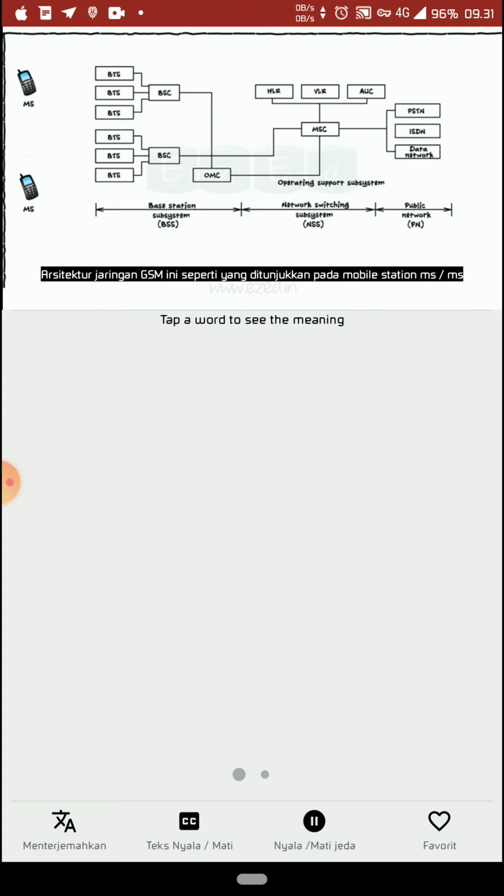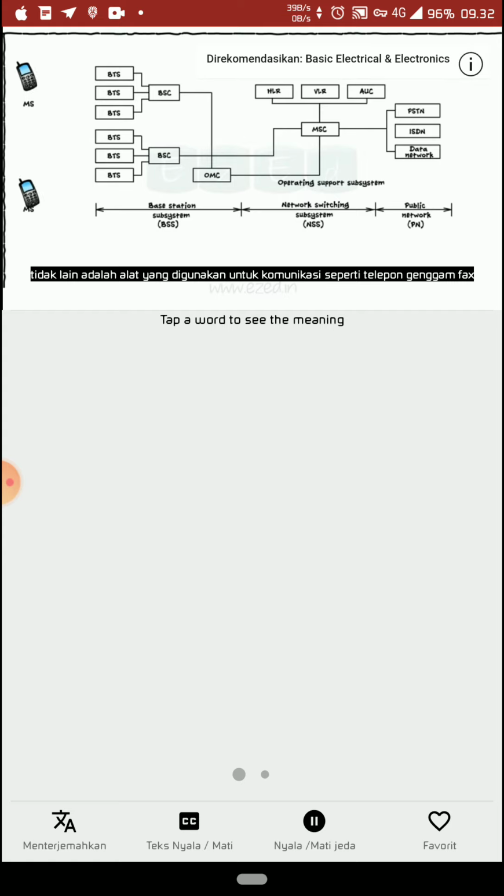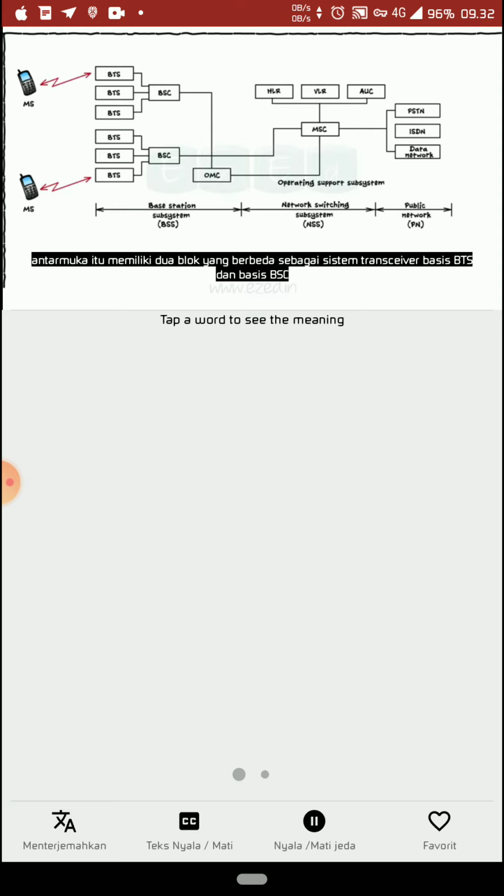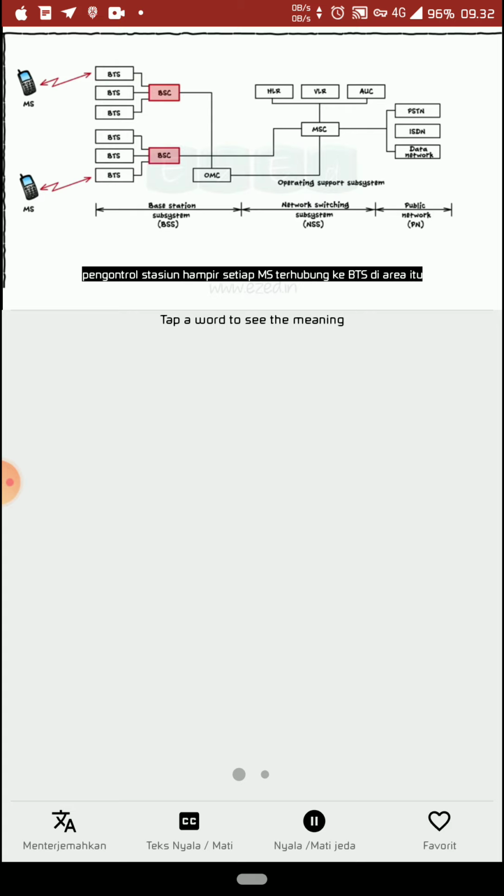Mobile station, MS. MS is nothing but the device used for communication, such as a cell phone, fax machine, etc. Base station subsystem, BSS. BSS gets connected to MS via radio interface. It has 2 different blocks: BTS, base transceiver system, and BSC, base station controller.